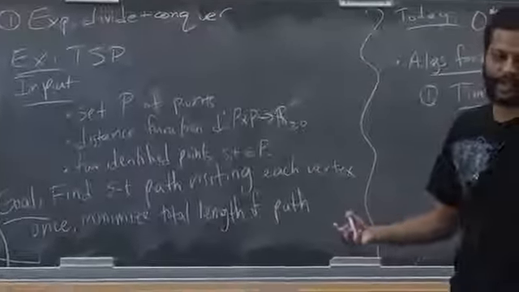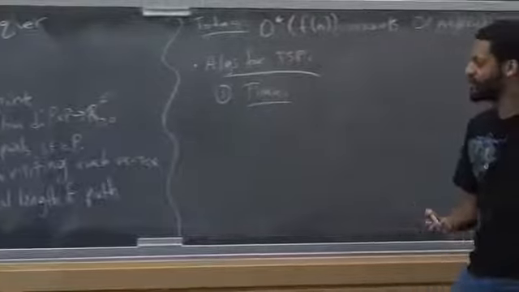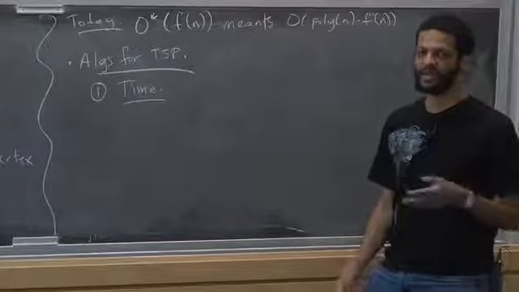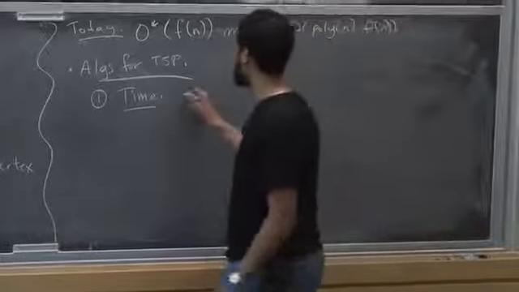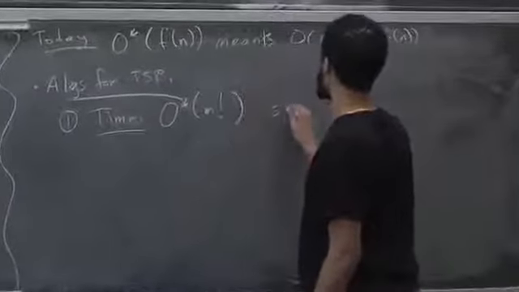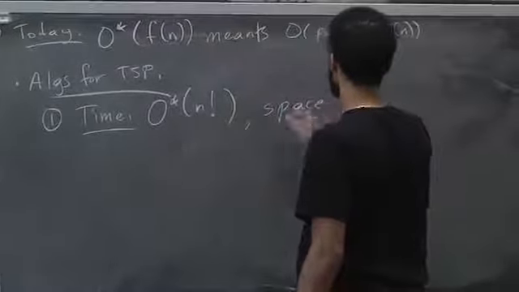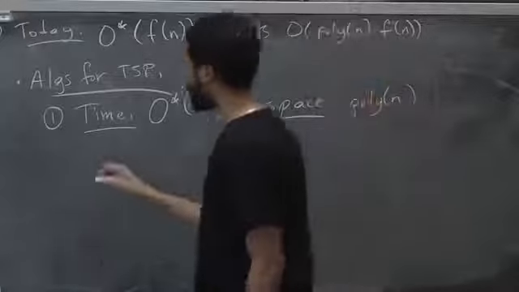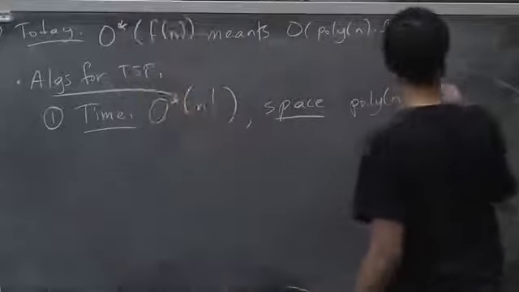There are n minus 2 factorial of them, and for each one, you can sum up the length of the path, which takes about n time. So it's O star of n factorial, and the space is poly n. This is brute force.